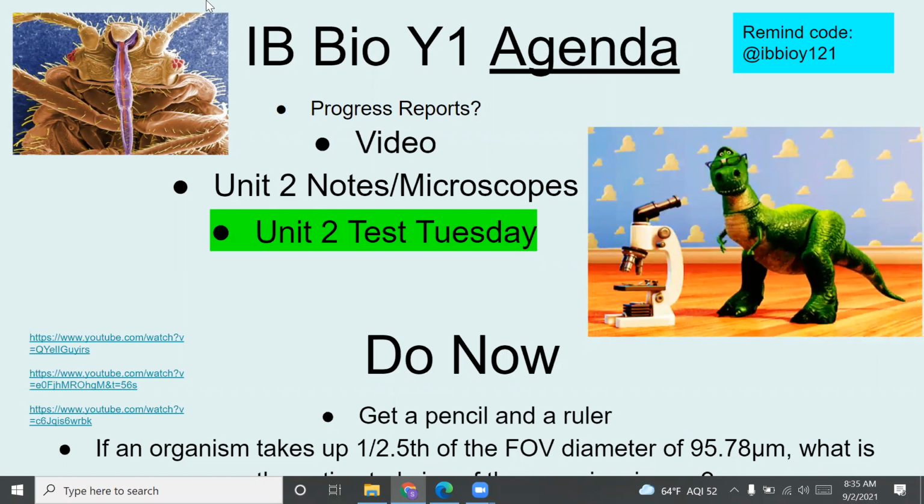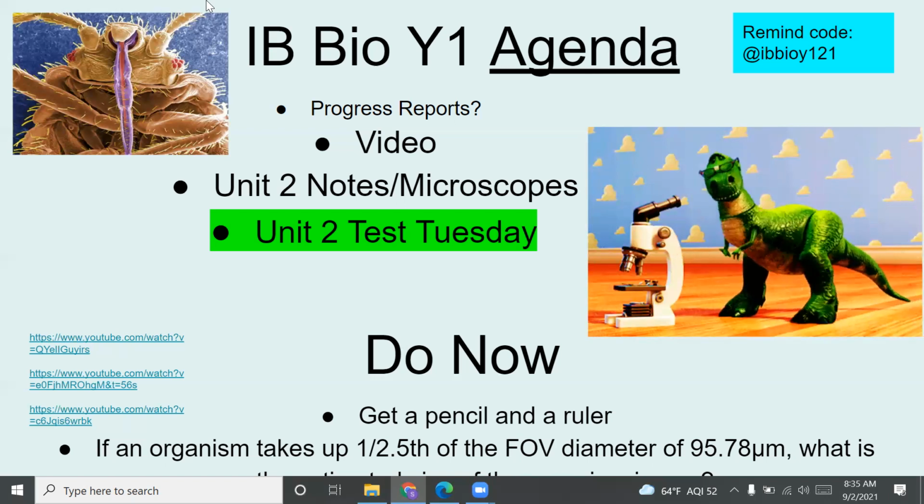So we have something that takes up about one of 2.5, right? Maybe it's like this big, and we'll say that's 2.5. So we have an organism that takes up 2.5.